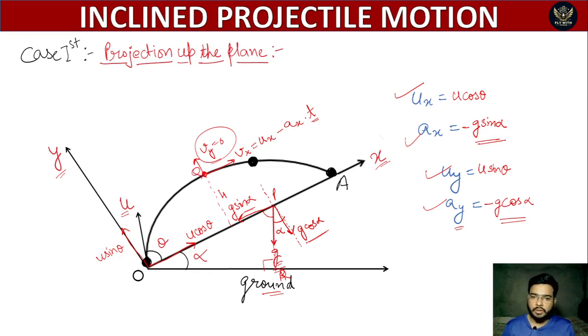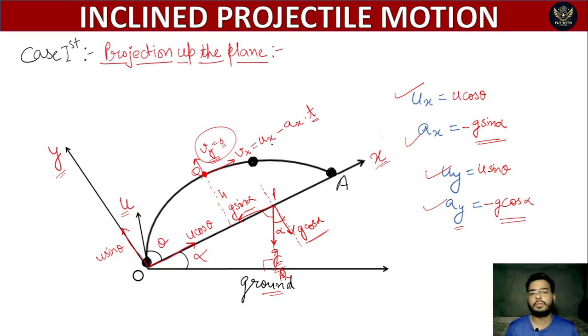At this point the object is not doing vertical motion, it is doing horizontal motion, because this is the highest point and the object is not going upwards at all. So vy is equal to 0 in that case, but vx is not equal to 0.